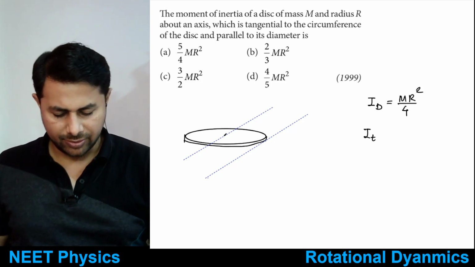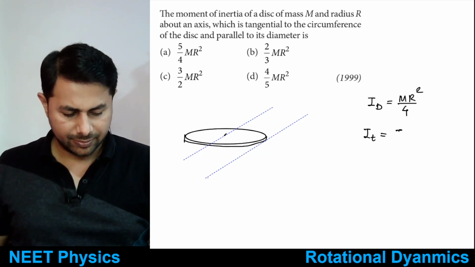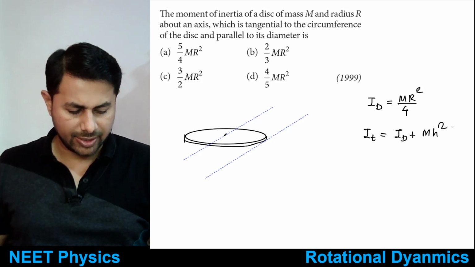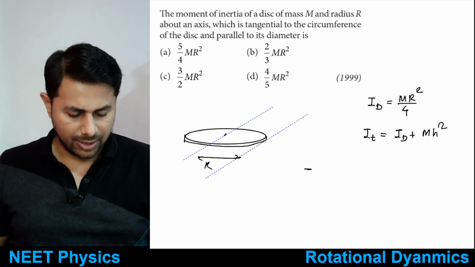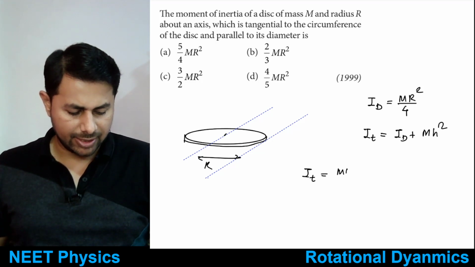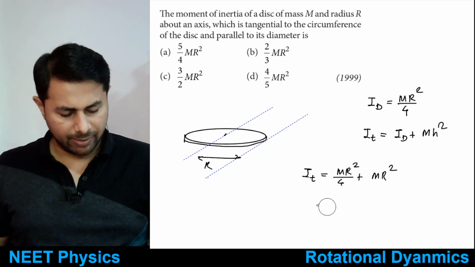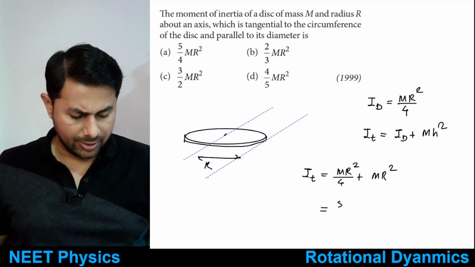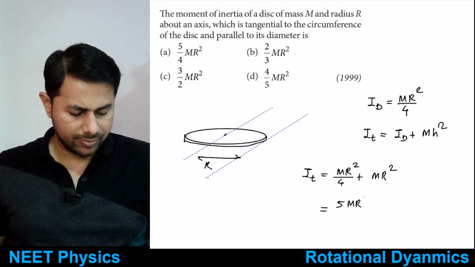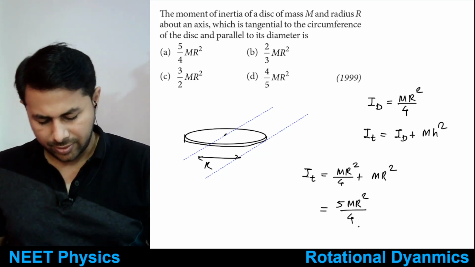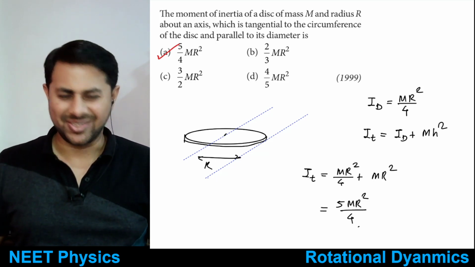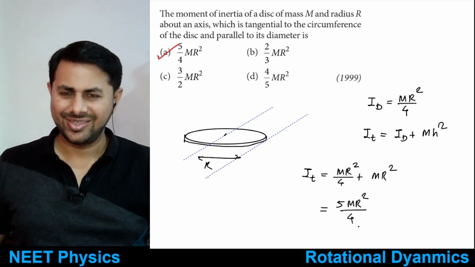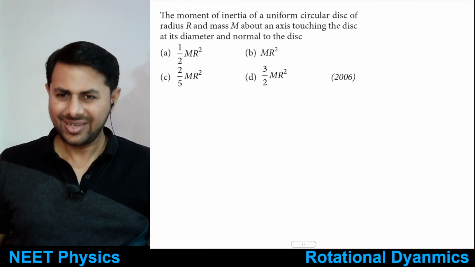So I_T is equal to I_D plus mh square. That means h is also equal to r. So I_T is equal to I_D, which is mr square by 4, plus mr square. That is 5 by 4 mr square, right? So again, a very simple problem, but it can come. Simple one, right? Let's see the next one.